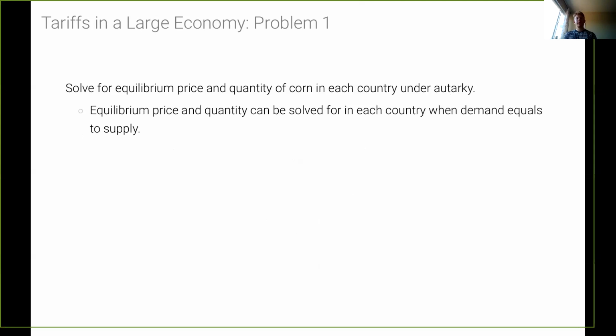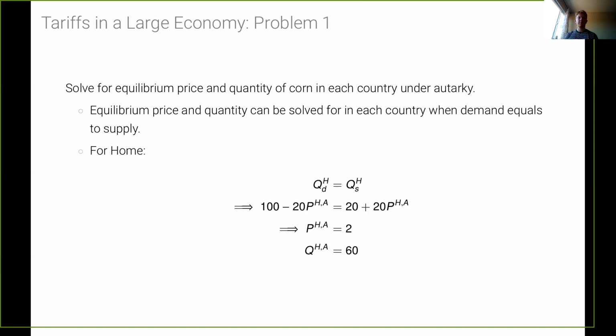In order to figure out the equilibrium price and quantity, we just need to set domestic demand equal to domestic supply. To do that for home, we just set our demand and supply equations equal.